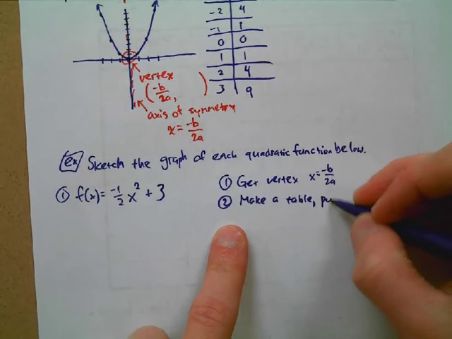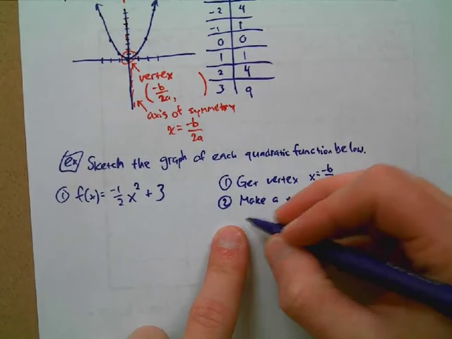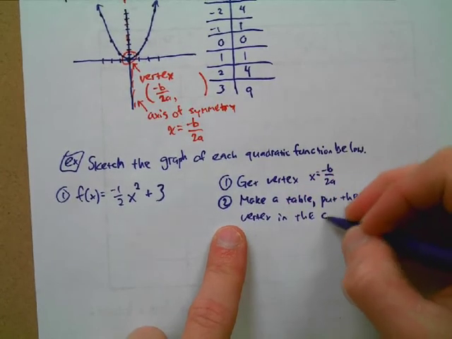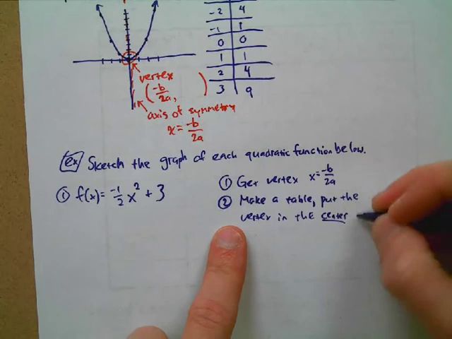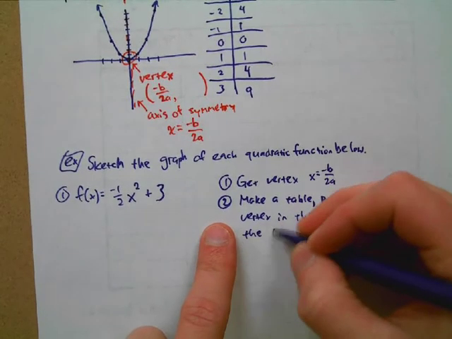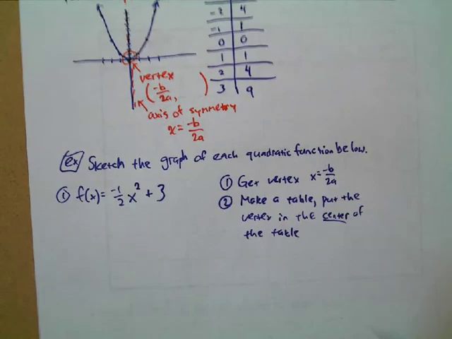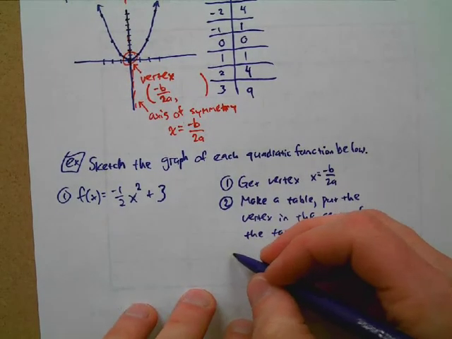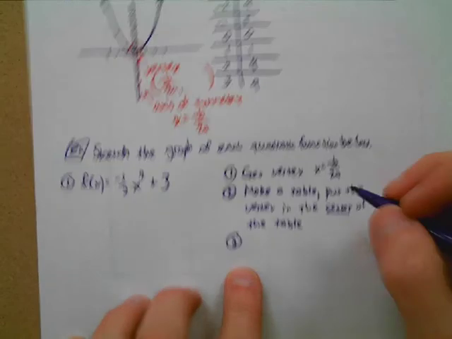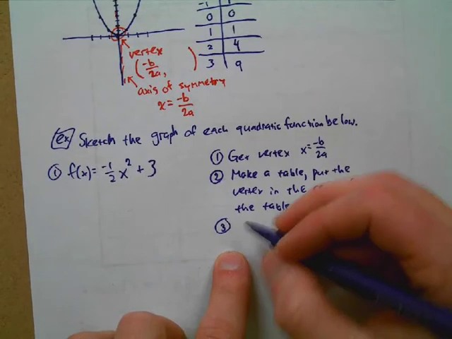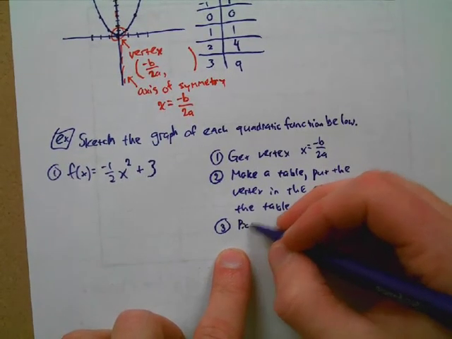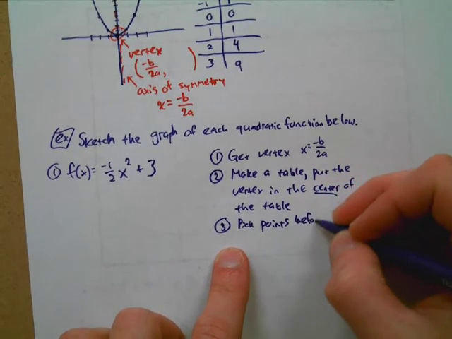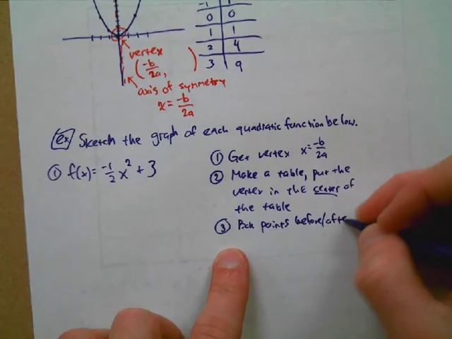Put the vertex in the center of the table. And then pick points before and after the vertex.